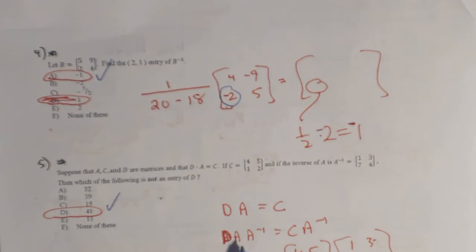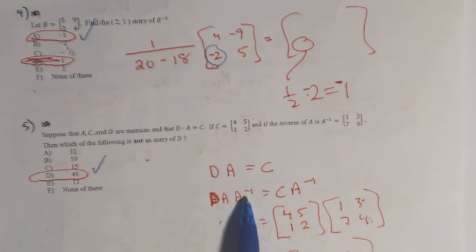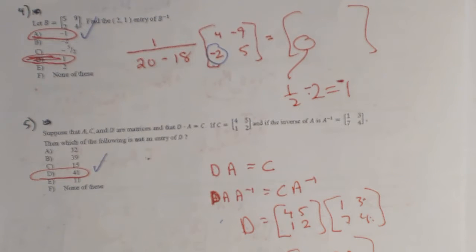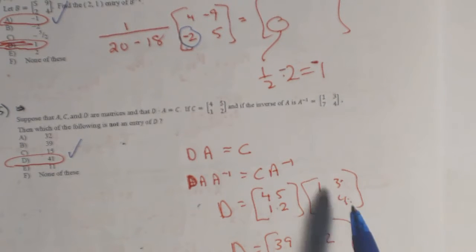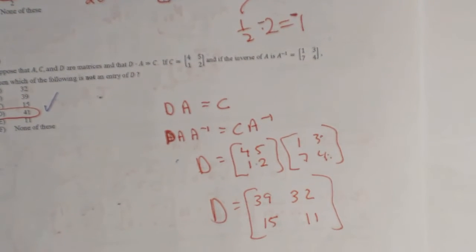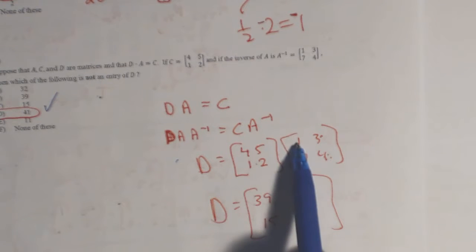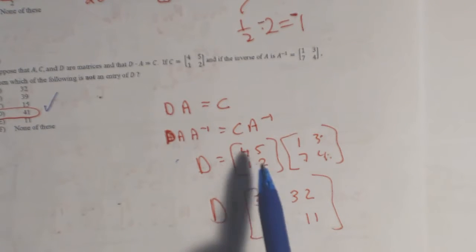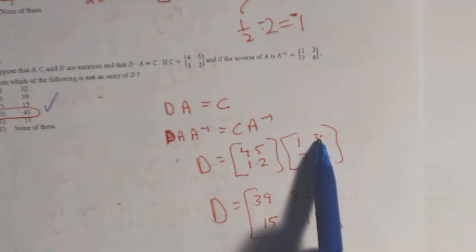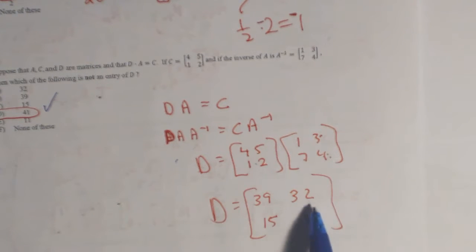Okay, when we multiply A times A inverse over here, again, that makes the identity, and the identity times D is D. Now we need on this side to put in that matrix C they gave us. Here is our A inverse, and just do our row by column multiplication. 4 times 1 is 4 plus 35. 5 times 7, that would be 39. 4 times 3 would be 12 plus 20 is 32.